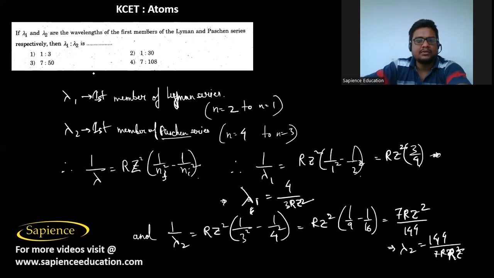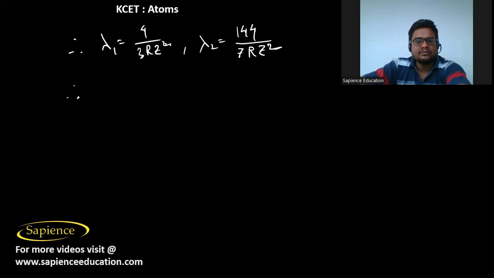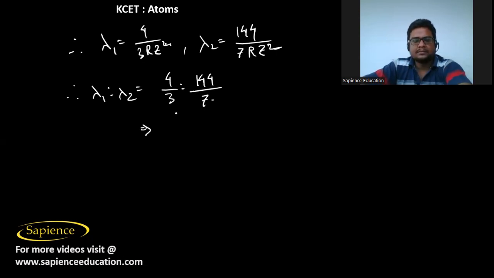Therefore lambda 1 is to lambda 2, that will be equal to 4 by 3 is to 144 by 7.